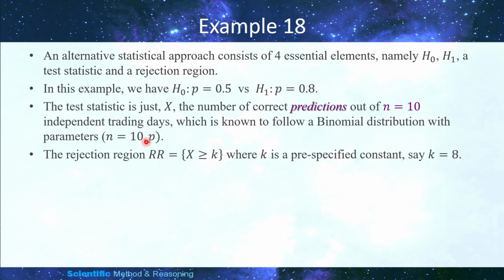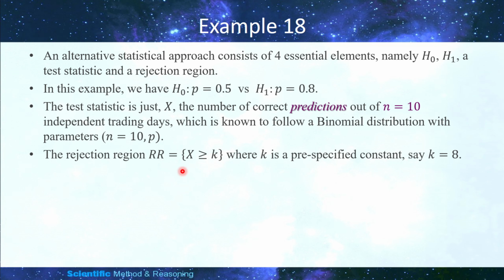If k equals 8, then the rejection region is that if x is equal to or greater than 8, that means if x equals 8, 9, or 10 in an experiment out of n equals 10 independent trading days, then we will reject the null hypothesis.